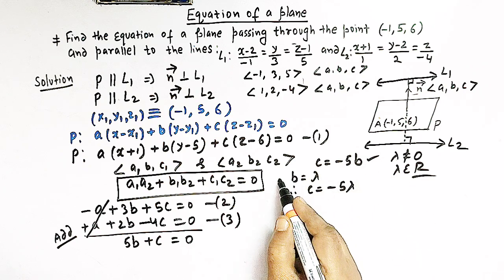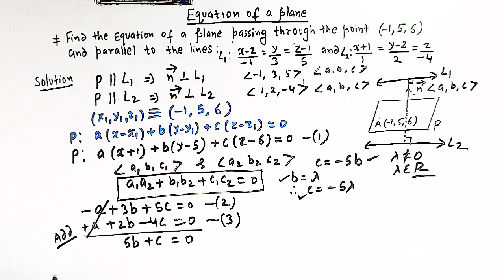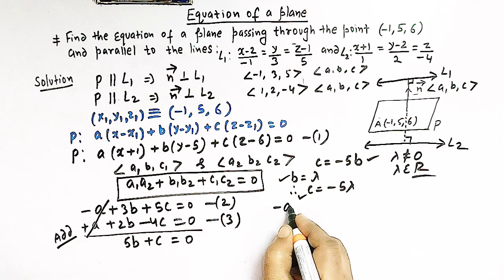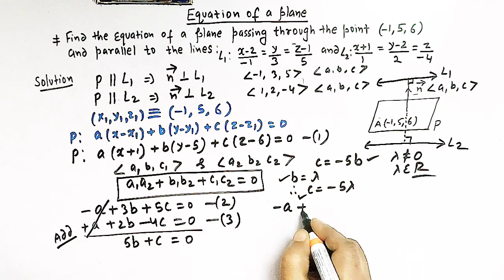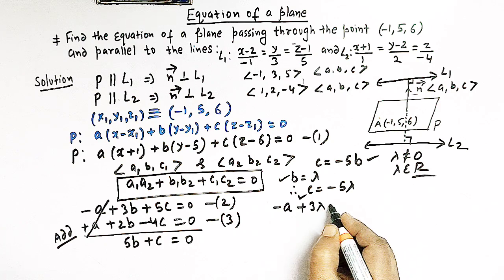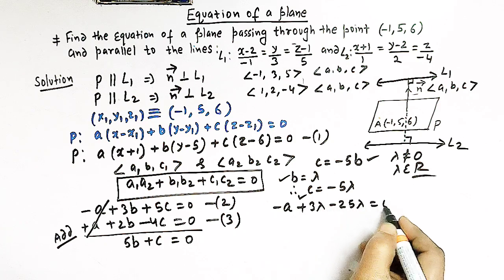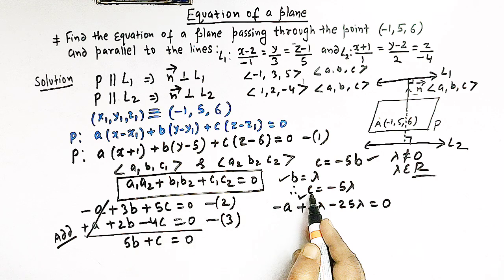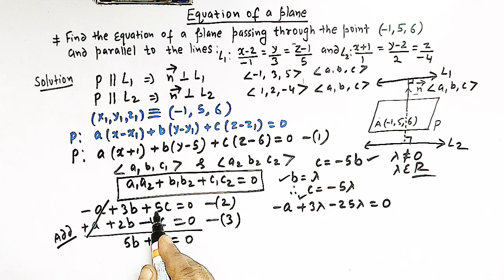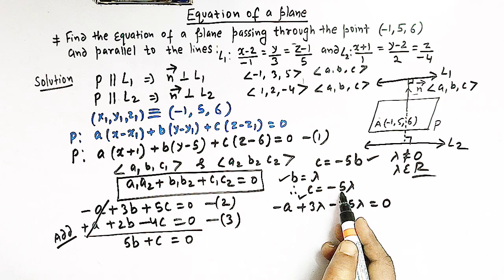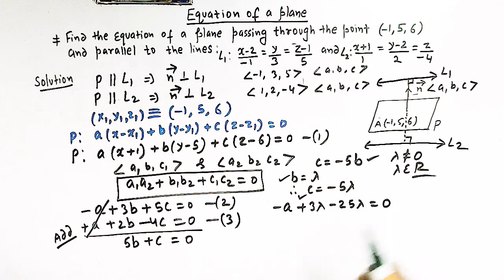Now substituting the values of b and c in either equation 2 or equation 3, we'll take equation 2. So we have minus a plus 3 lambda, then we have minus 25 lambda is equal to 0. So when we take c is equal to minus 5 lambda, then it is 5 times minus 5 lambda, that is minus 25 lambda.